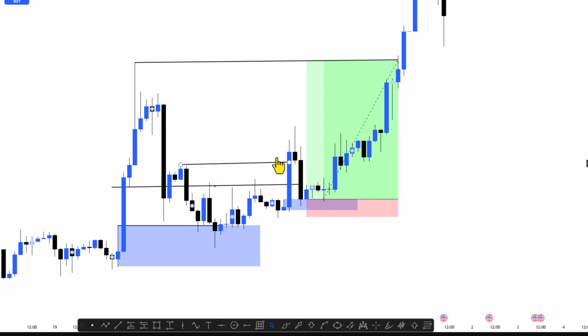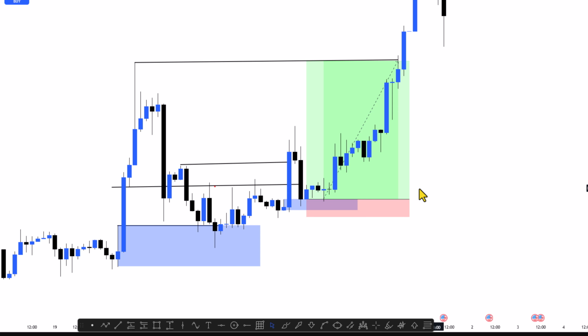Once again, when the market started to take off and shift into new highs, it was the imbalances that were completely filled that allowed us to get into our positions. It wasn't a reaction from fair value gaps. It was literally a complete fill to trade into the demand zones that we were looking to buy from.